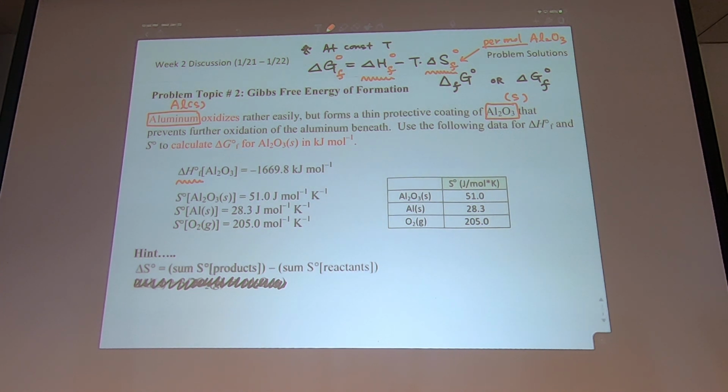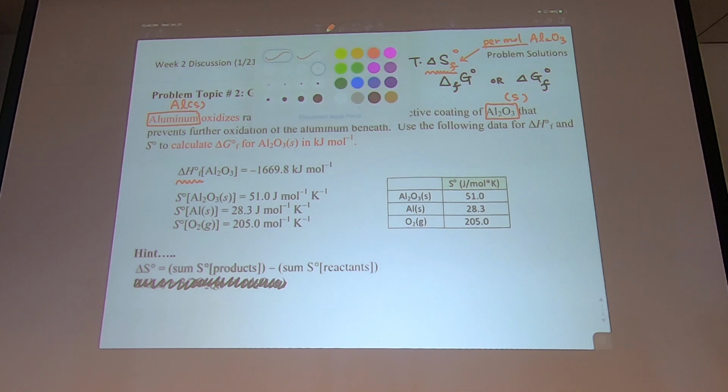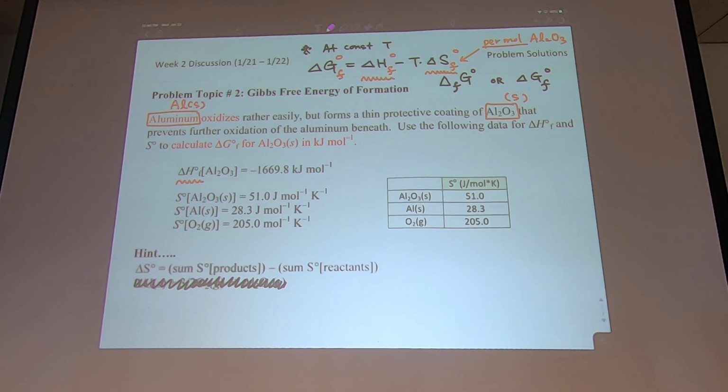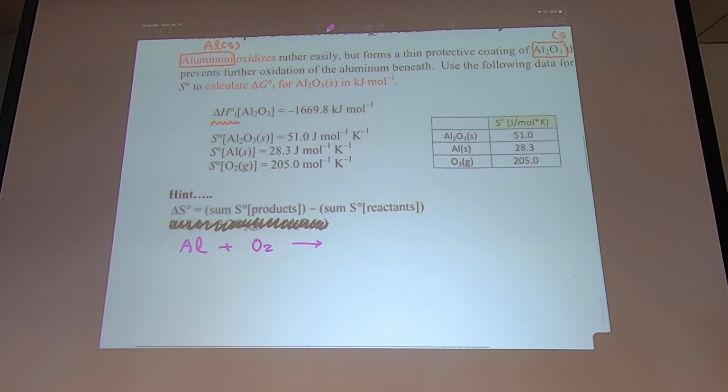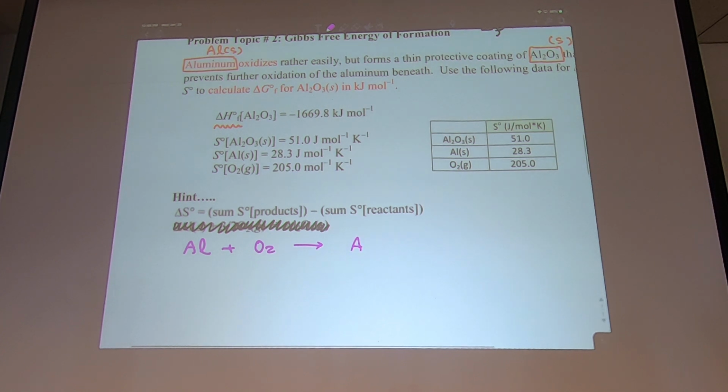At any rate, I need to write a chemical equation because it's a chemistry problem. First, aluminum reacts with oxygen, and that gives my aluminum oxide, Al2O3. I have to put solid, gas, solid. So these are the reactions.